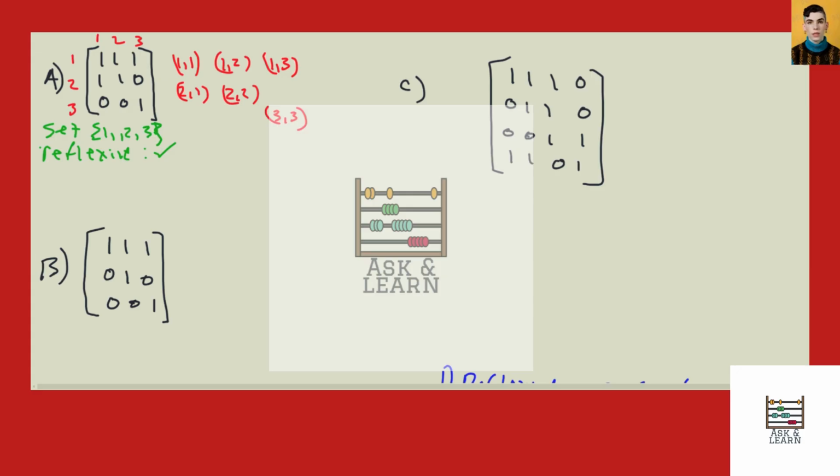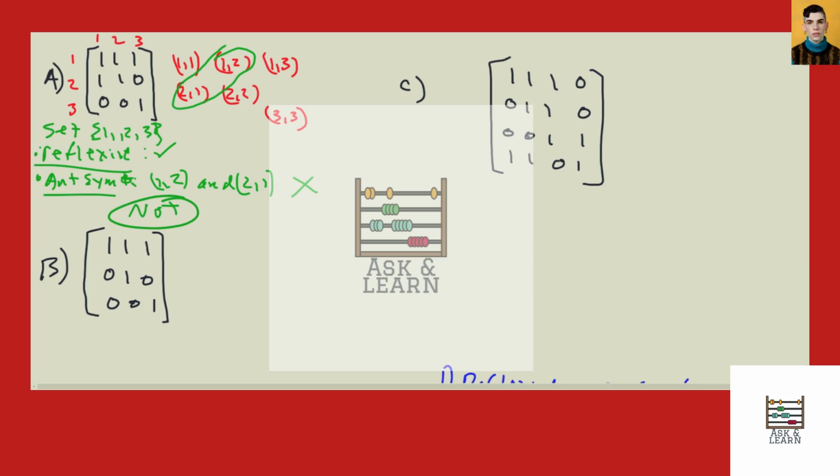Let's see if it is anti-symmetric. Well, I think this one fails because notice we have 1, 2, and 2, 1. So this right here makes it fail. So this is not a poset due to that.